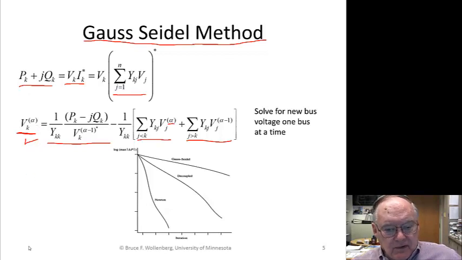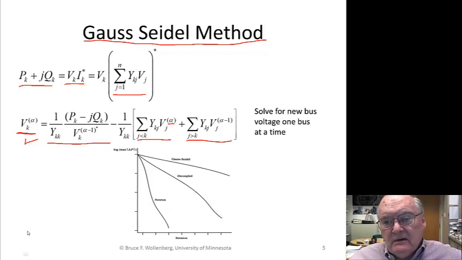You'd go all the way through a second time, adjusting 2, 3, 4, up to 500. You'd come back, and you'd have to do it a third time. The very crude rule of thumb was that the number of iterations took approximately as many as the number of buses. So a 500 bus system, 500 iterations, yes indeed.